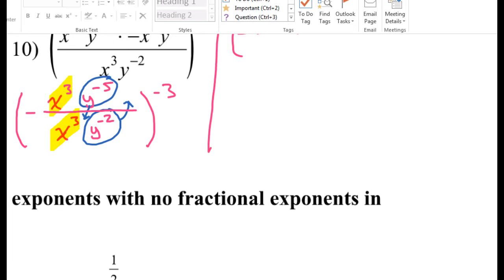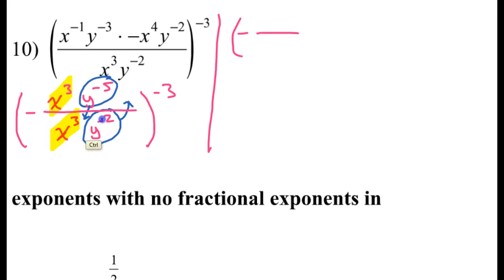Those are definitely going to cancel each other out, so I won't bother copying them on the next step. So I've got the negative sign there, but the y to the negative 2 power moves up and becomes y squared. The y to the negative 5 power moves down and becomes y to the 5th power.